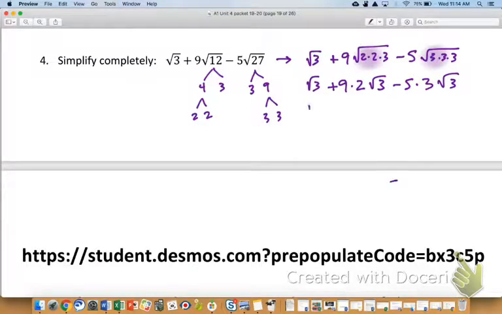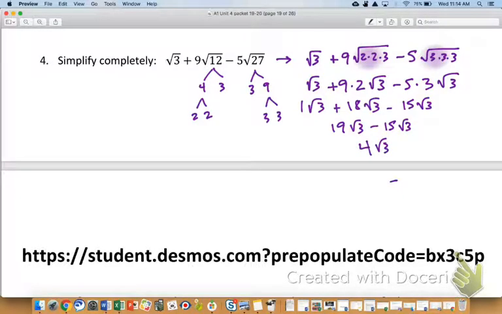So then you get square root of 3, 9 times 2 is 18, and 5 times 3 is 15. So now when you look at these, you realize all these radicals, at first they appeared to not be like radicals, but they actually are like radicals. So you have 1 of them plus 18 of them is 19 of them. 19 of them, take away 15 of them, you end up with 4 of them. So 4 root 3.